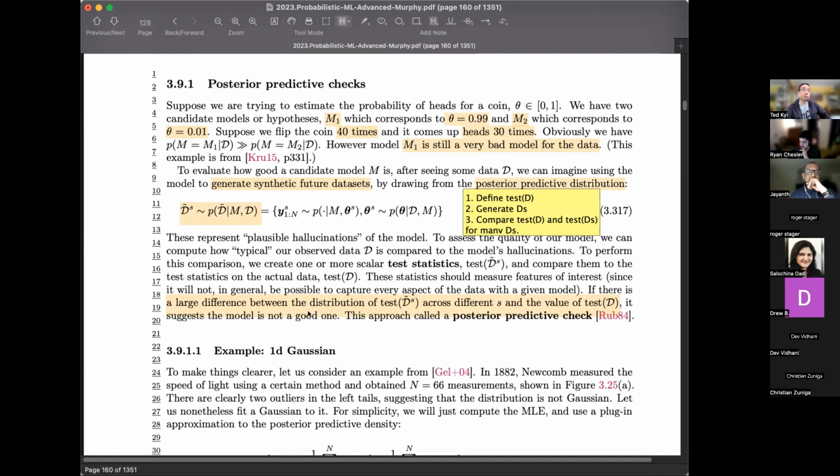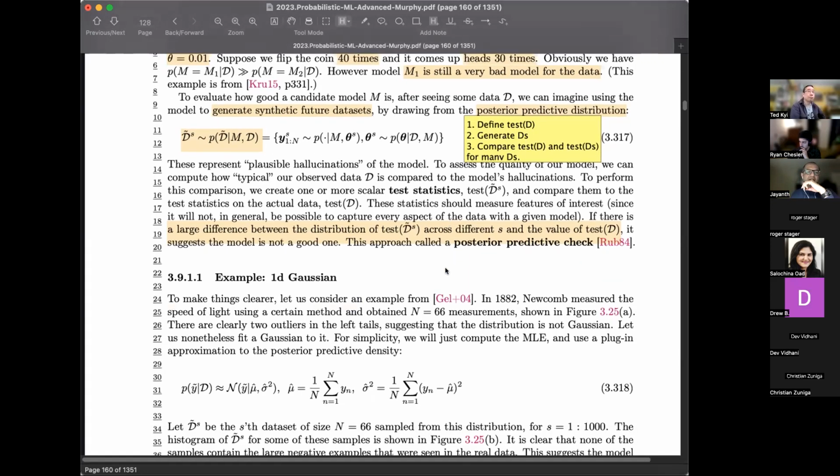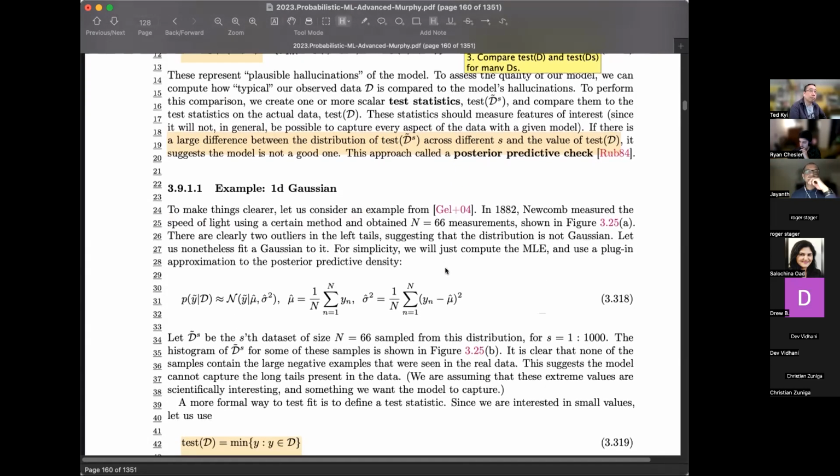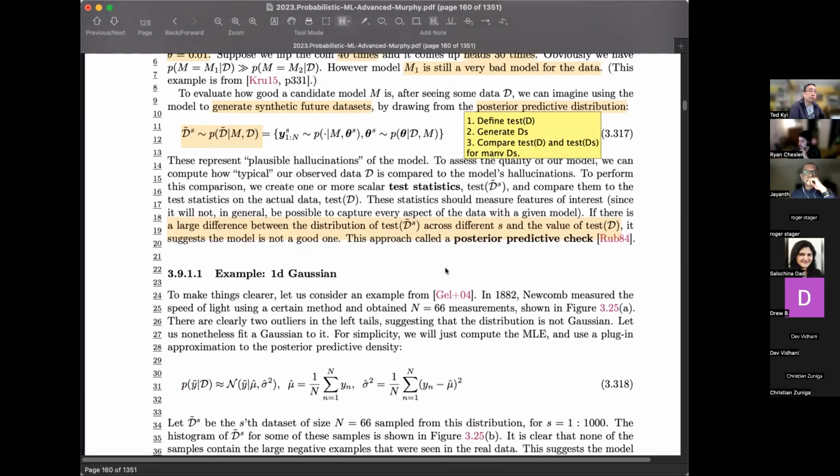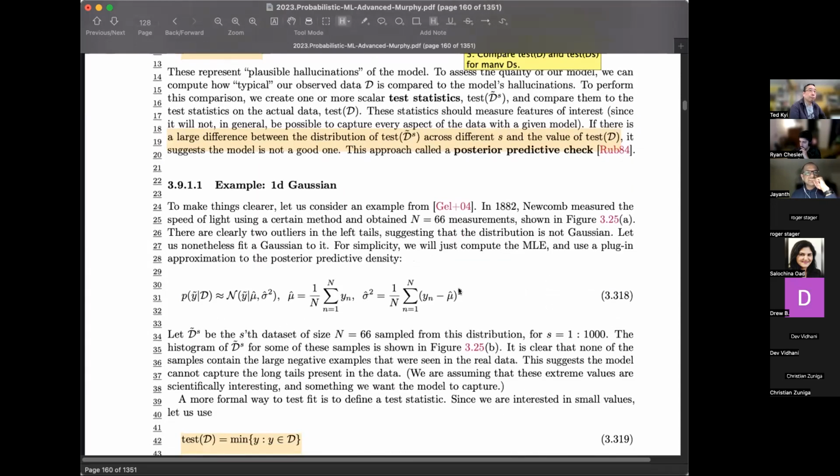If there's a large difference between test of D and the individual tests of Ds, then you say this is probably not a great model. But if they all align, then you might have a reasonable model. That, I believe, is the general idea here.